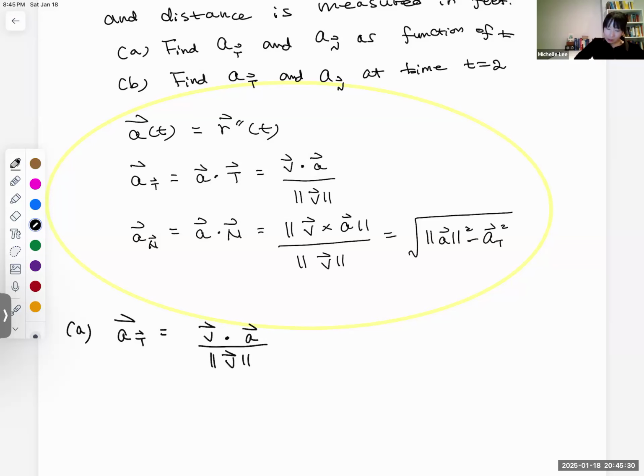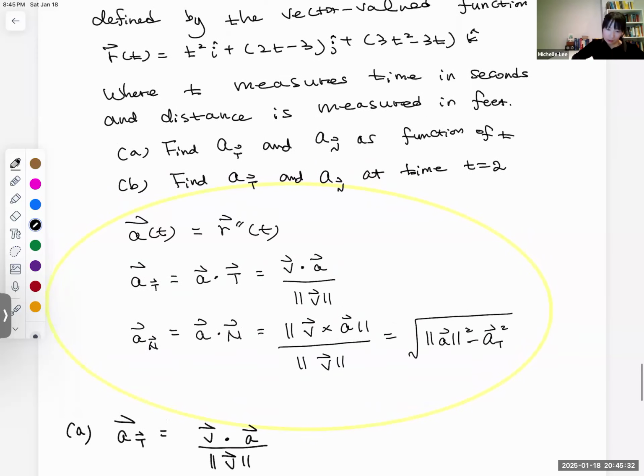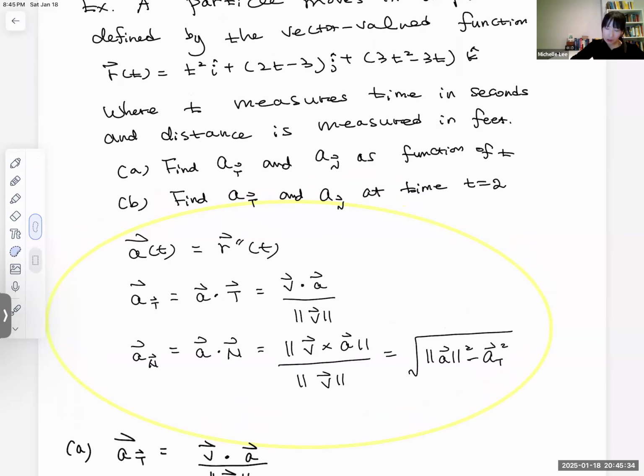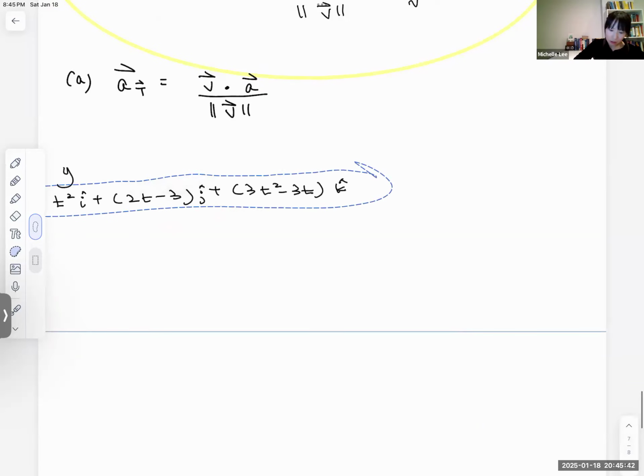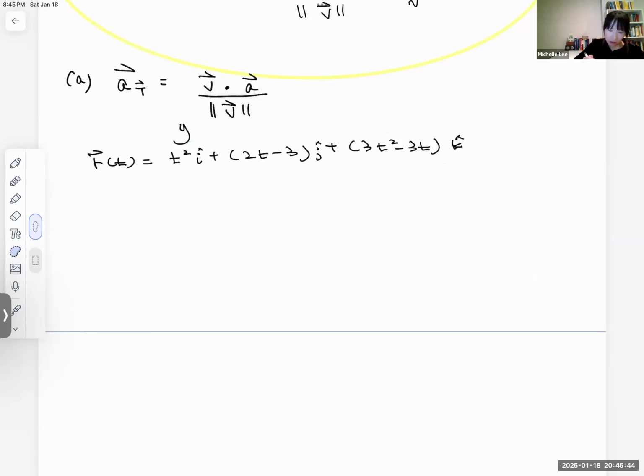Then let's find out what the velocity is first, then the acceleration. So we have a velocity function, which is the r prime of t, right?